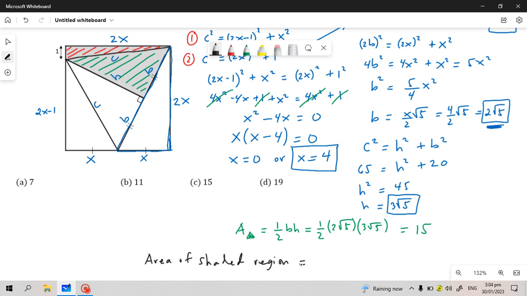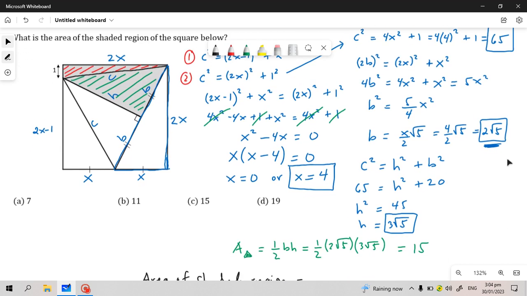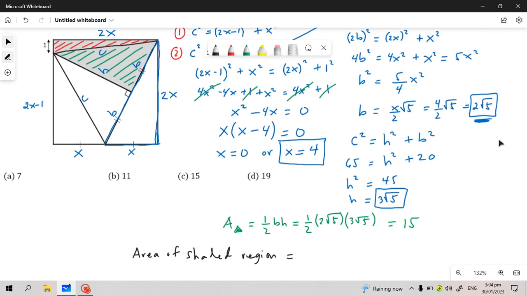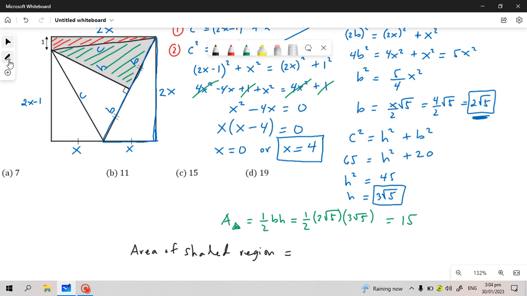If you can still remember, the area of the red triangle is 4, right? And the area of the green triangle is 15, so we have 15 plus 4, 19. So the answer here is letter D, 19 square units.